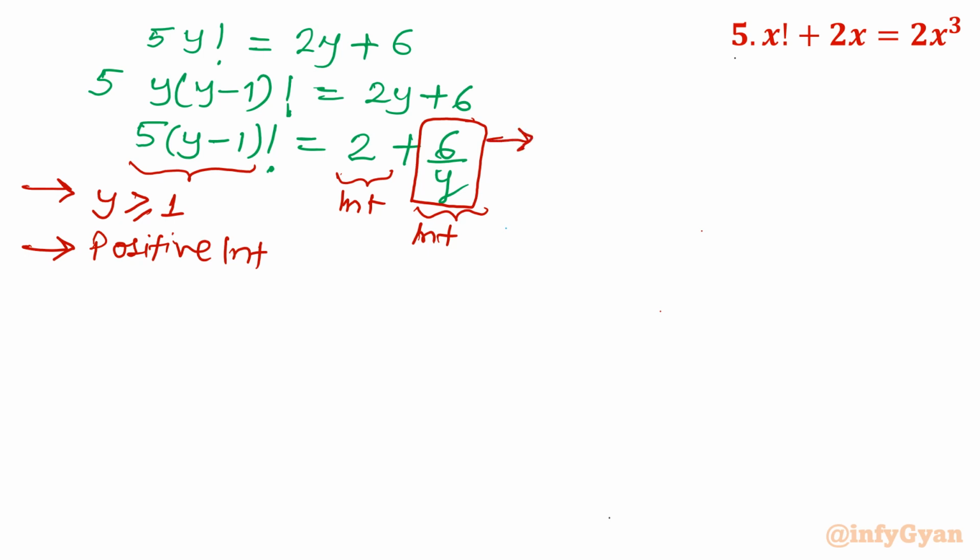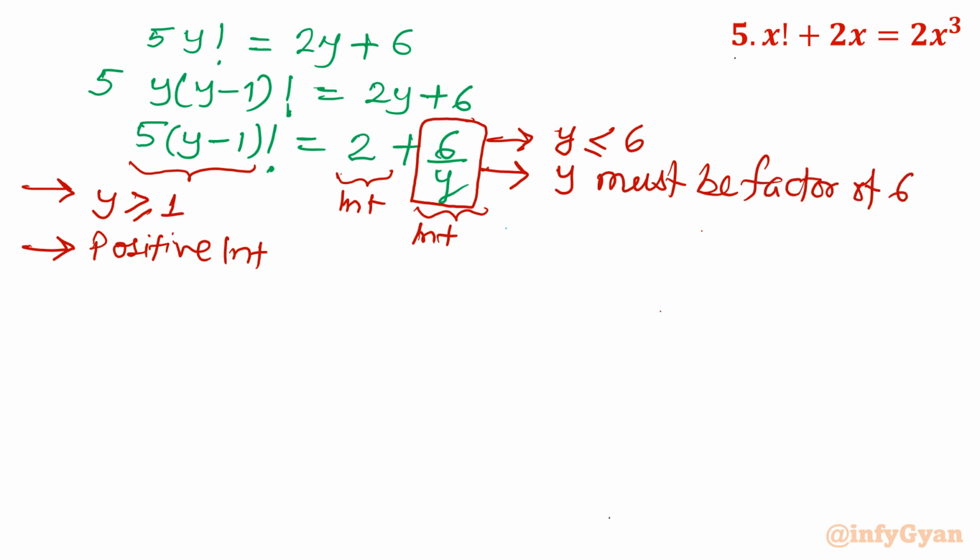Point number 1, y should always be less than or equal to 6. Once y exceeds 6, then this would be a fraction. Point number 2, y must be a factor of 6. Point number 3, the possible values of y would be 1, 2, 3 and 6.